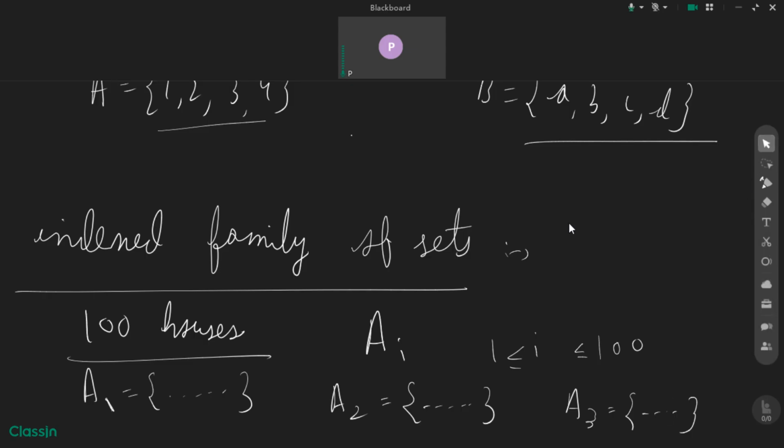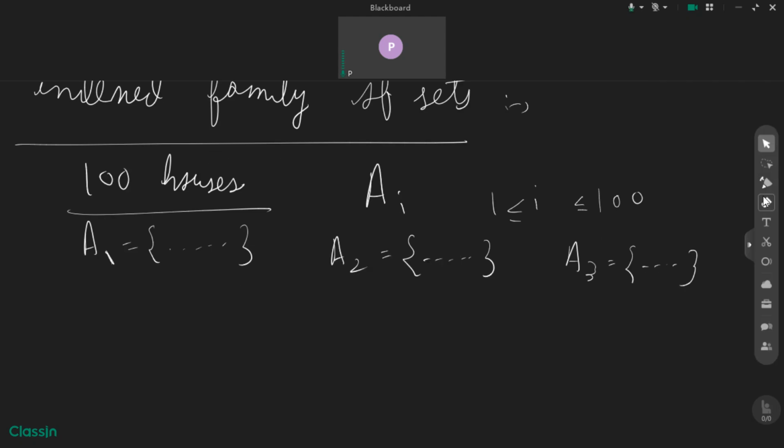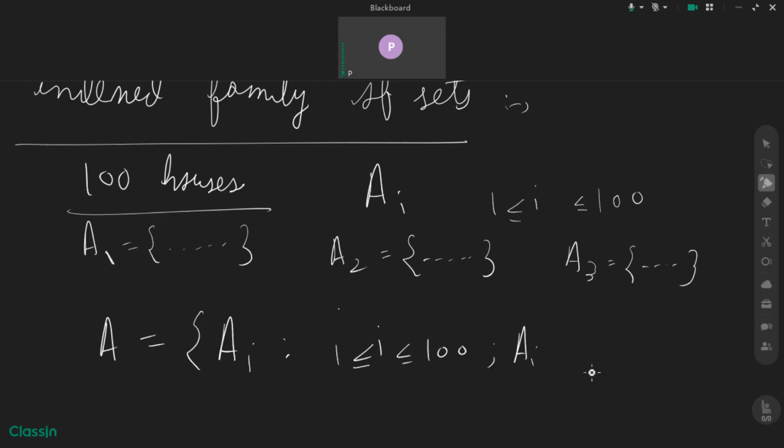Then I can write these 100 sets by another name, set A, and this A is the set of all A_i such that i is greater than or equal to 1 and less than or equal to 100, where A_i represents the names of members in a house.